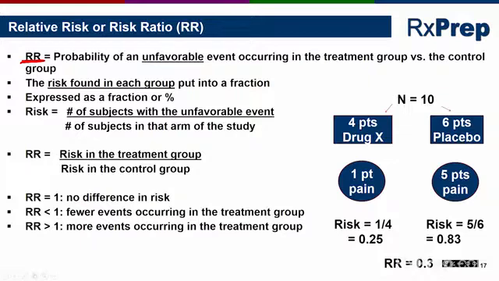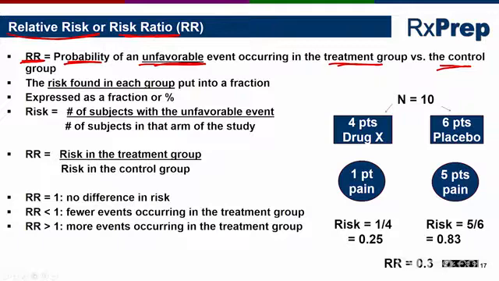So relative risk or risk ratio, whatever you see on the exam, just know that they mean the same thing. They're interchangeable. It's the probability of having an unfavorable event, or you could say a bad outcome, in a treatment group versus the control group.